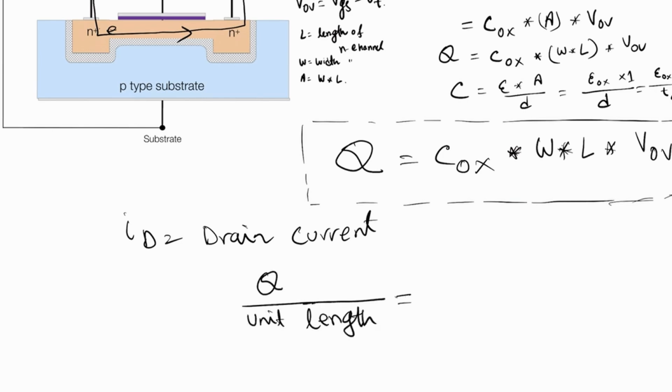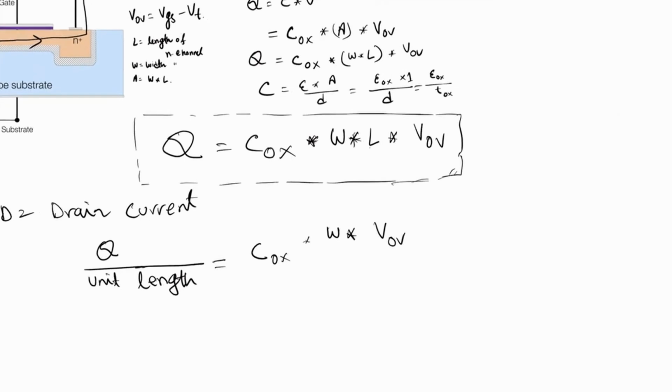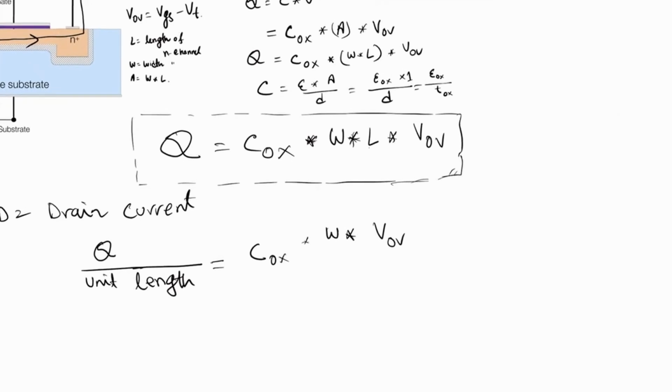From this equation, if we just take this L in the denominator, this will be COX multiplied by W multiplied by the overdrive voltage. So this will be equation 2. This will be equation 1.